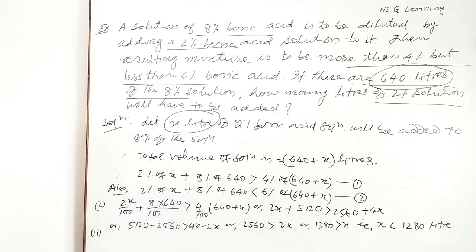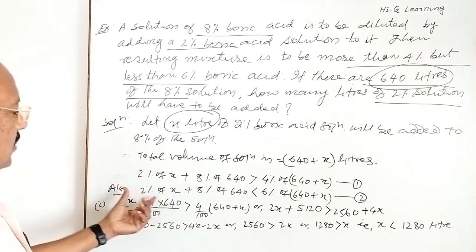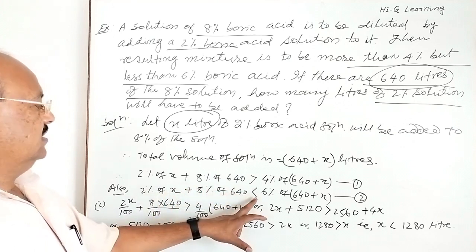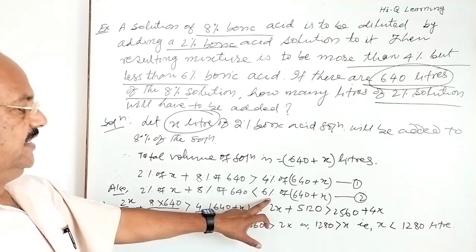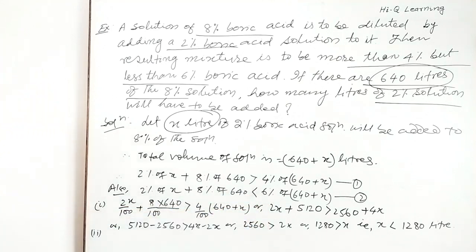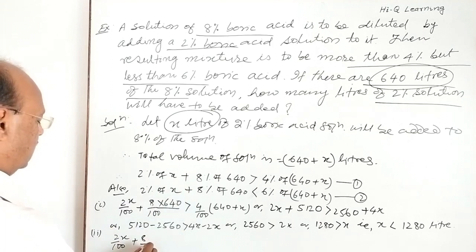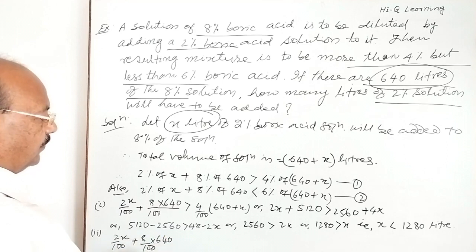Similarly, we can solve the second part also. Your second case is: 2% of X, this much part is exactly similar. The only difference is this sign, and here 6%. So similarly, we can write the second part. This will be 2 by 100 of X plus 8%, means 8 by 100 into 640.